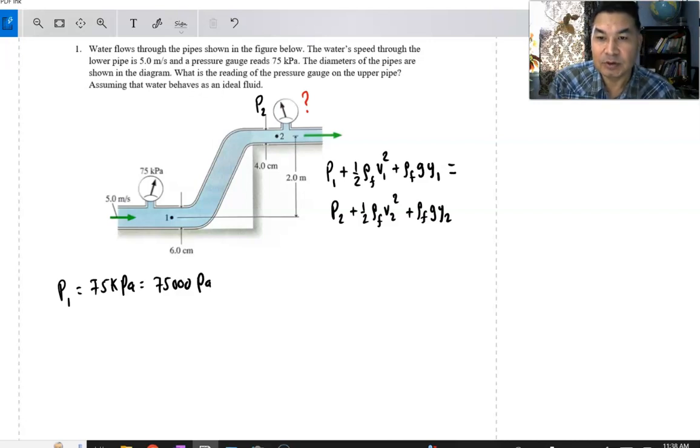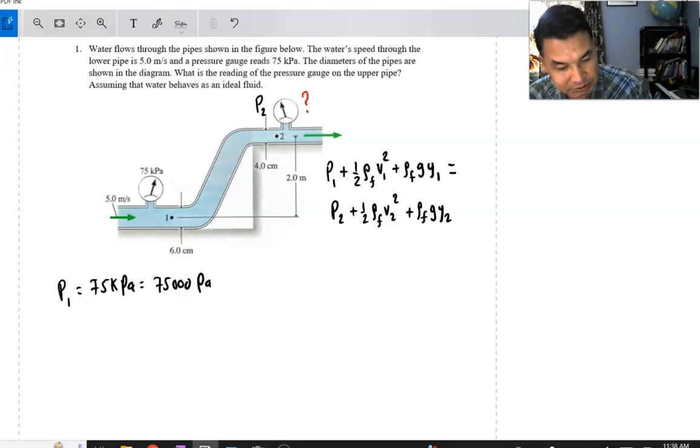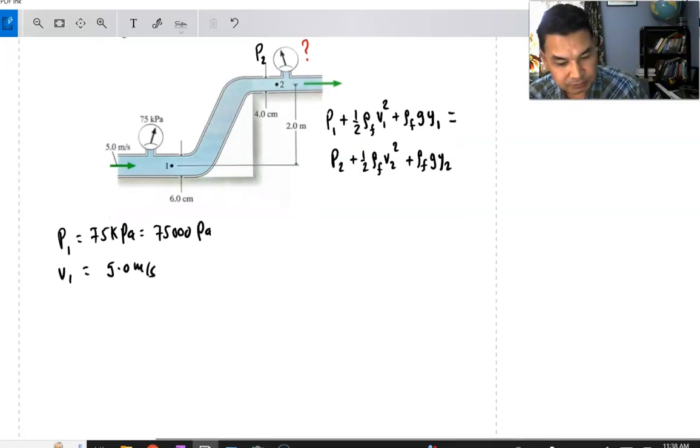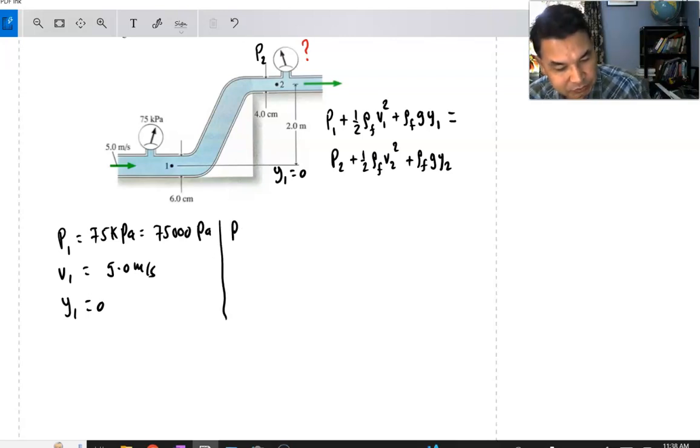So just keep it in gauge pressure reading. What is your V1? Your V1 is 5 meters per second, the speed of water here. And your Y1 is 0. Let's consider this Y1 as your reference line, the baseline.